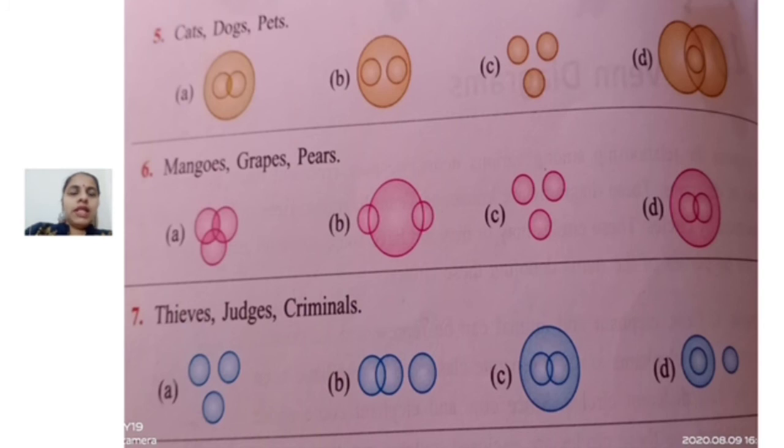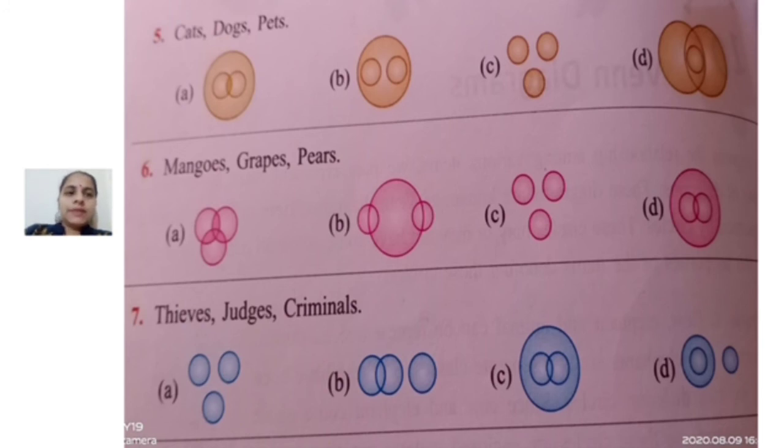Because in the A, both the circles are intersecting. So that is why A is wrong. But B will be the correct answer, because dogs and cats both are pets, and dogs are shown in a different circle, because dogs have different characteristics and cats have different characteristics. So that is why B will be the correct answer.